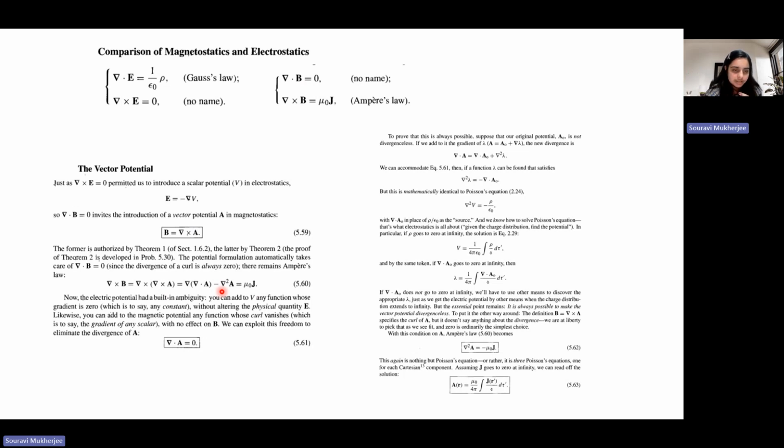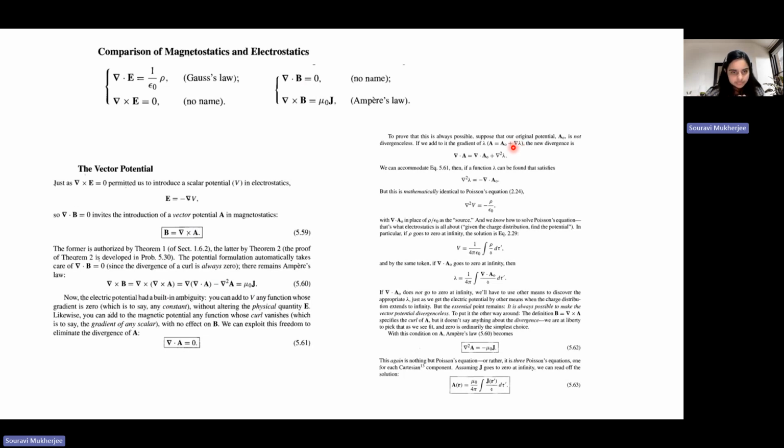Okay, so that means you can add certain quantities to A such that our equations become simplified, but the net field does not change. That gives us the liberty of eliminating the divergence of A, because you can choose an A which is divergence less by adding some quantity like the gradient of lambda, where lambda is some scalar quantity.